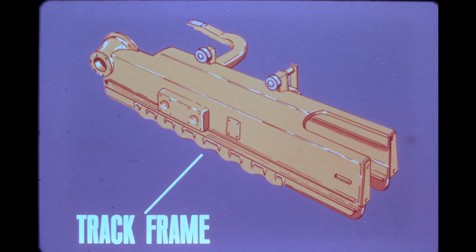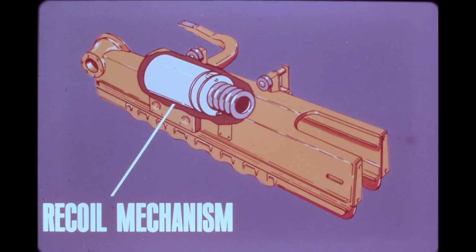The track frame is the foundation of the undercarriage in that it provides a housing or mounting for other components. Housed within the track frame is the recoil mechanism, which serves as a shock-absorbing device for loads imposed at the front of the undercarriage.